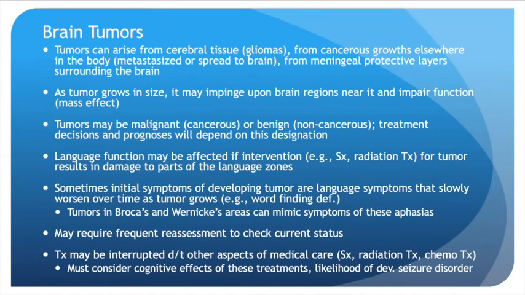And with tumors, as the tumor grows in size, it may impinge upon brain regions near it and impair function. This is sometimes referred to as a mass effect. Tumors may be malignant, cancerous, or benign, non-cancerous.